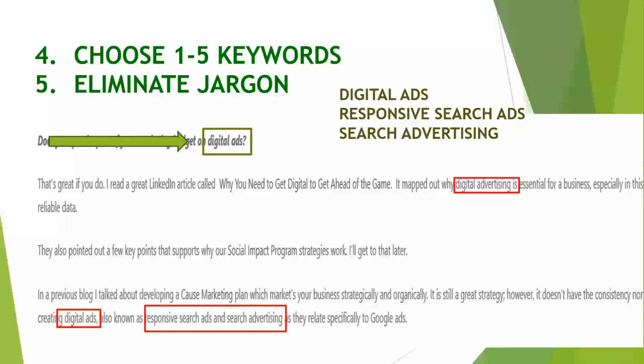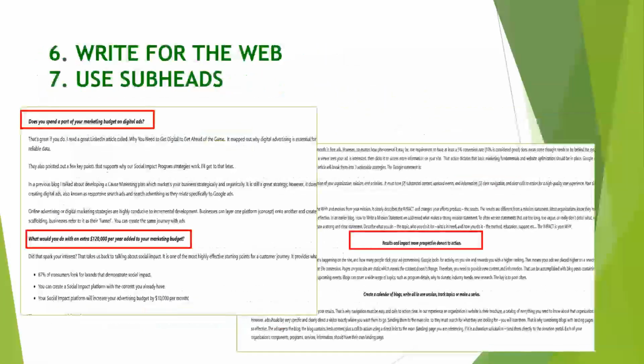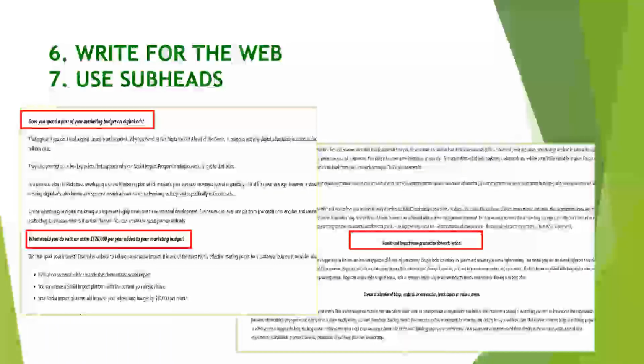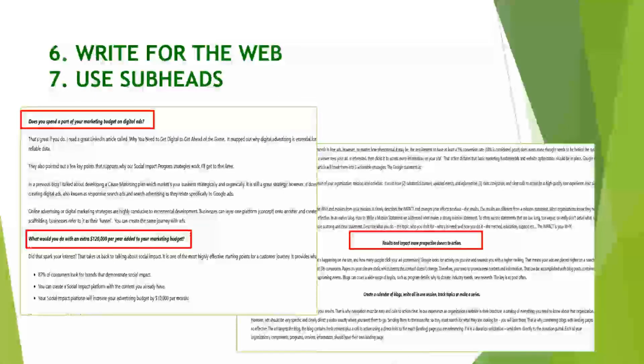Again, I said eliminate jargon. That means spell everything out. Explain what you're doing. Act as if no one has heard about what you're talking about and you need to educate them.